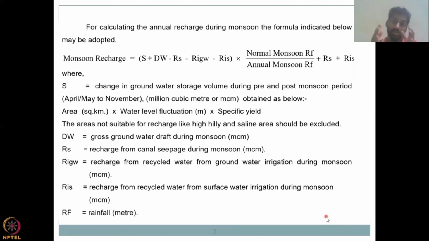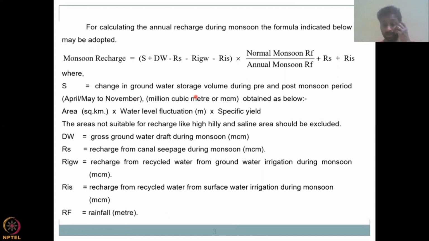As I said, each component itself will have a water budget. So here monsoon recharge is S plus DW minus RS, where S is the change in groundwater storage volume during the pre- and post-monsoon period, April, May to November. April, May is your pre-monsoon, the summertime.